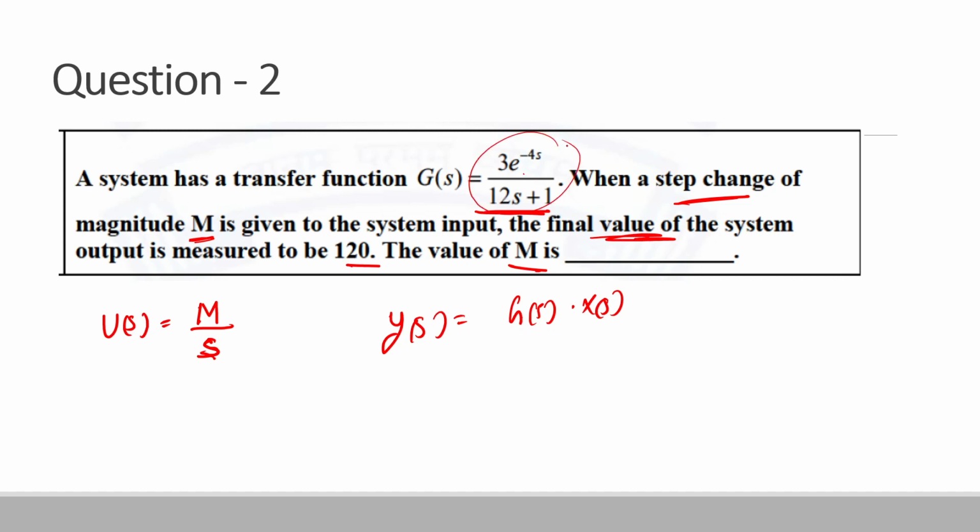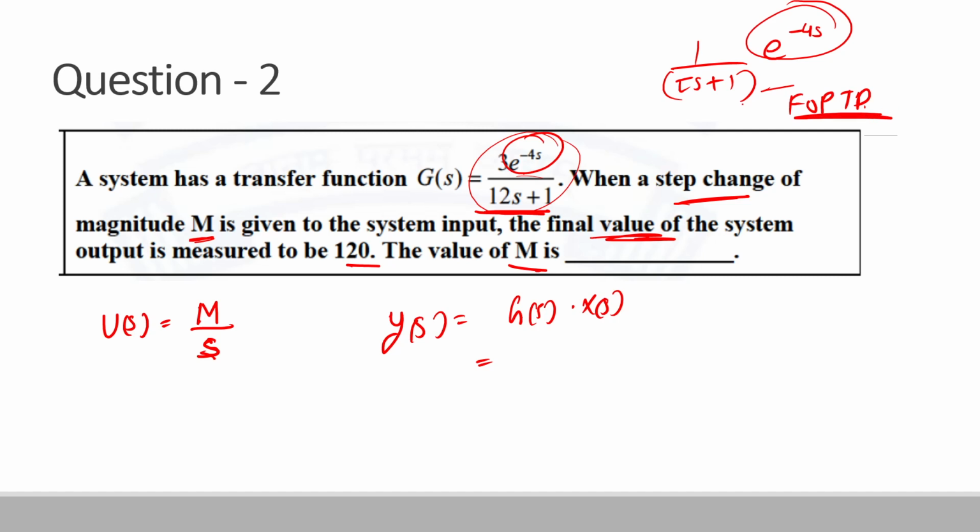So we'll just replace this transfer function over here. So in this transfer function, you can see that on the denominator we are having this 12s plus 1 term, that is similar to the first order transfer function 1 upon tau s plus 1 term. Additionally we are having this e raised to minus 4s term, that is basically we are having a delay in the system. So basically we can call this system as first order system plus time delay, that is FOPTD, first order plus time delay kind of a system.